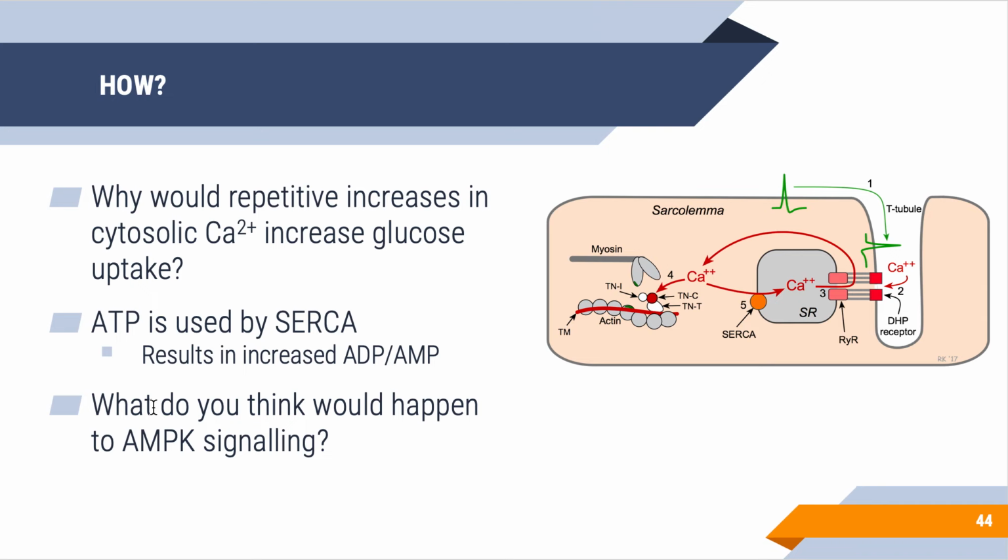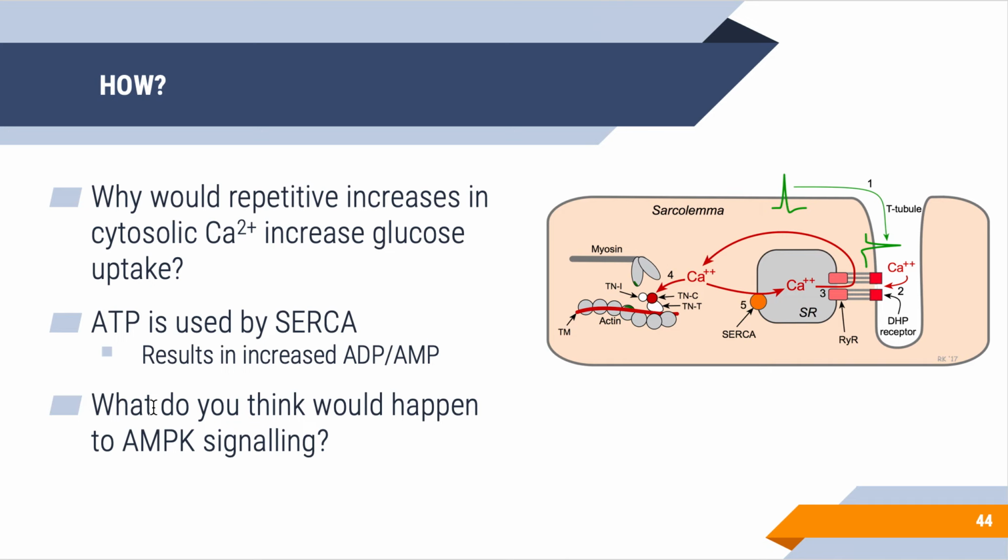So why would repetitive increases in cytosolic calcium increase glucose uptake? What we're thinking about here with skeletal muscle contraction is the idea that calcium is released and at the end of the contraction has to be reuptaken into the sarcoplasmic reticulum by sarcoendoplasmic reticulum calcium ATPase, otherwise known as SERCA. Because SERCA is working against this concentration gradient, this requires ATP.